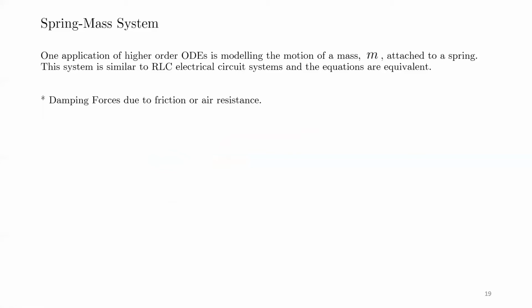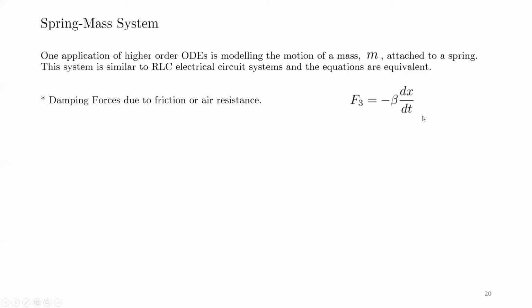Okay, firstly, we may have damping forces due to friction or air resistance. So obviously, being on Earth, there's always going to be some friction and air resistance present. And so we can express that force using this expression here: negative beta dx by dt, where beta is some constant.